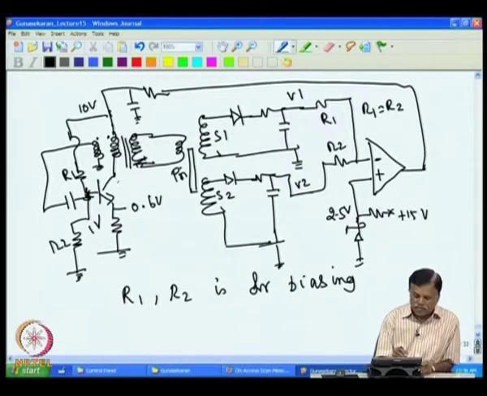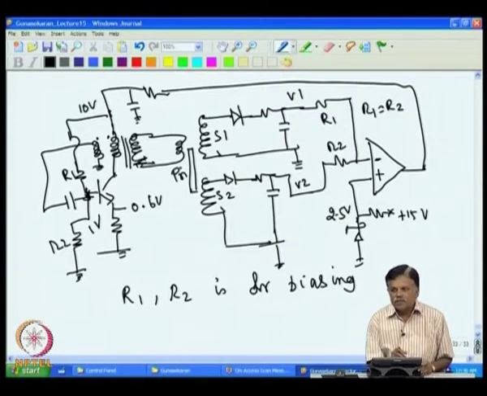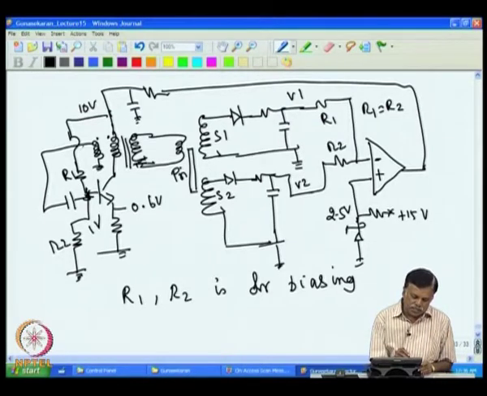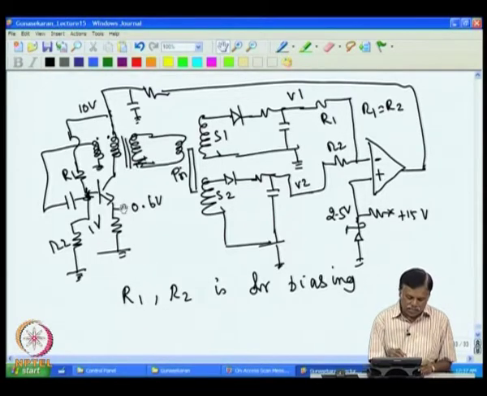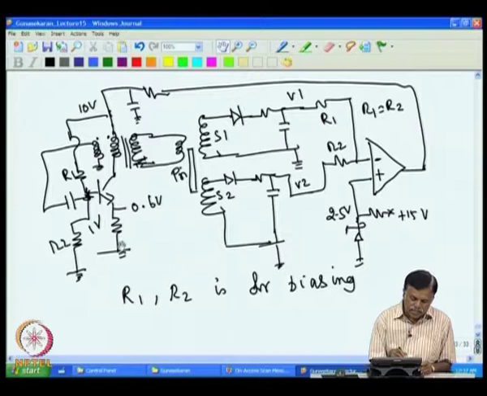When the positive voltage comes here, it is added with the DC voltage coming from here. So, you get an increased voltage. When the voltage increases, this current increases here, and then a further increase in magnetic field is expected.